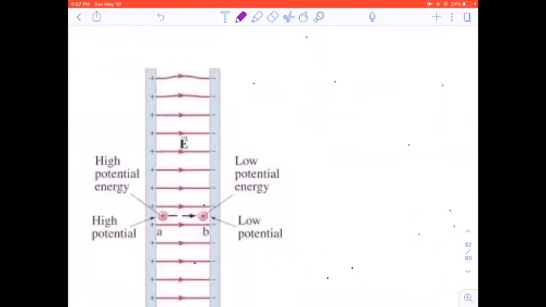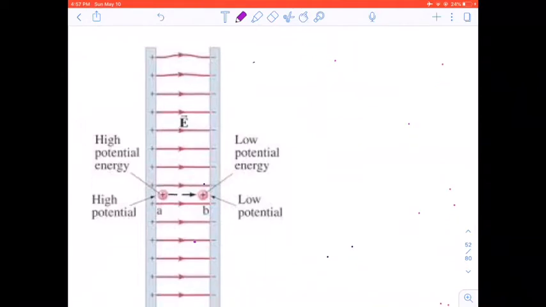Right, so here we have a parallel plate that has a field, and the field is from positive to negative. You got a positive plate and a negative plate. As you can see, here you have got a positive charge and it's near a positive plate, so it has a high potential energy, right? And here it's at a negative plate, so it has a low potential energy.